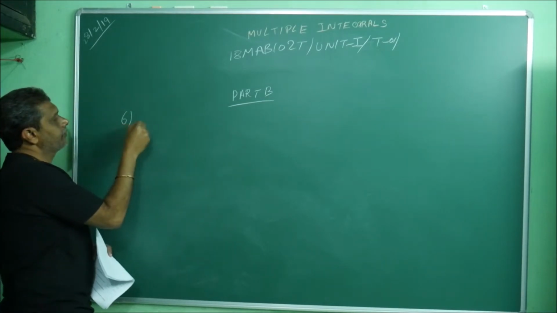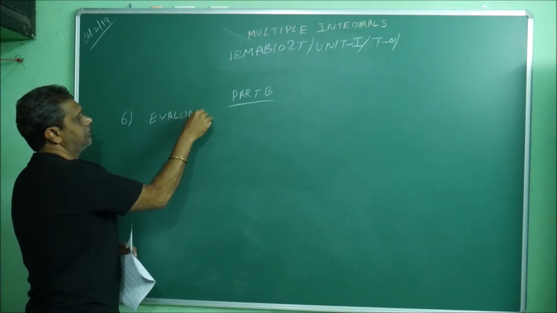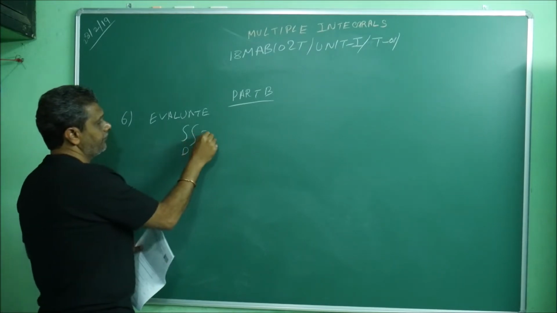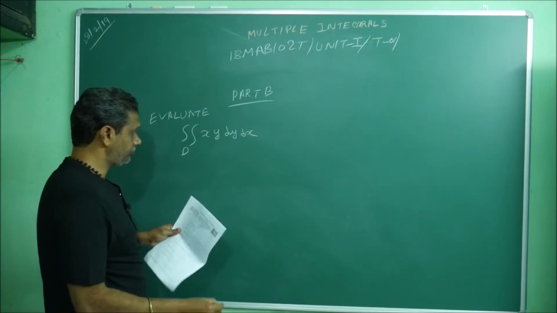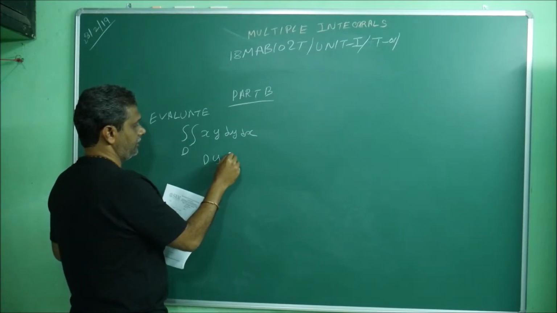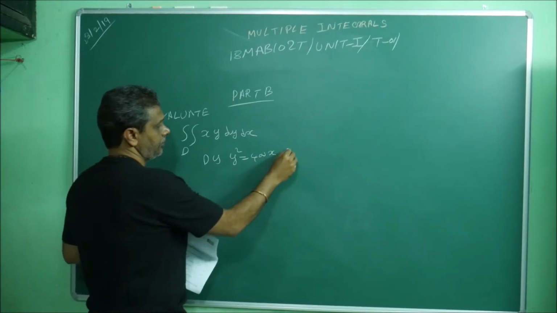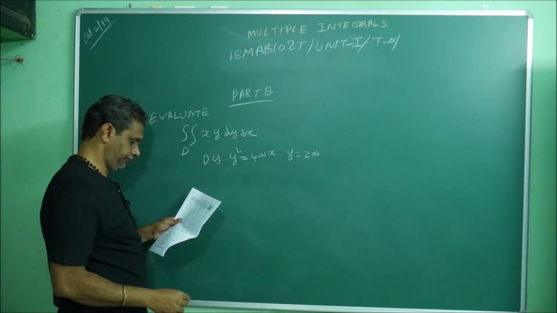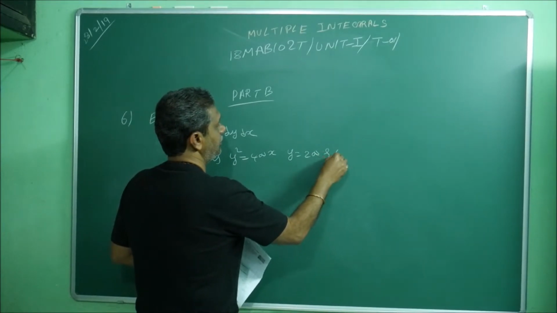The question: evaluate the double integral over domain D of x dy dx, where D is defined by y square is equal to 4ax, y is equal to 2a, and the y axis.